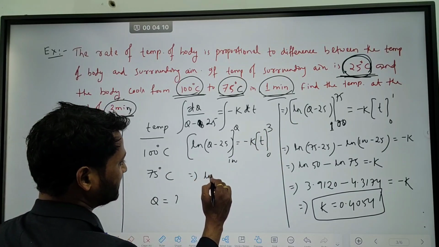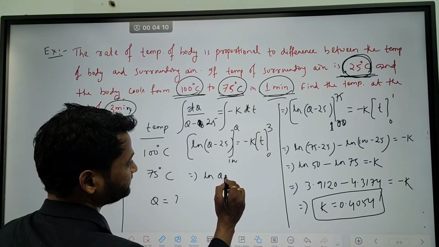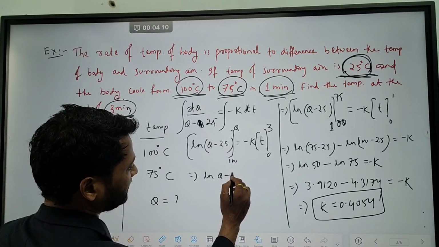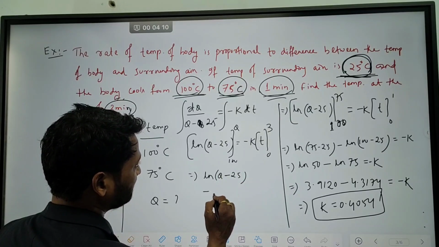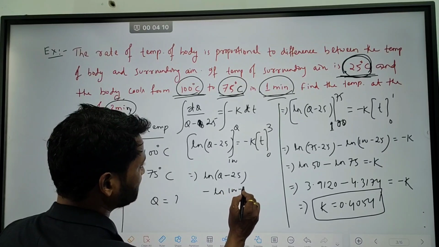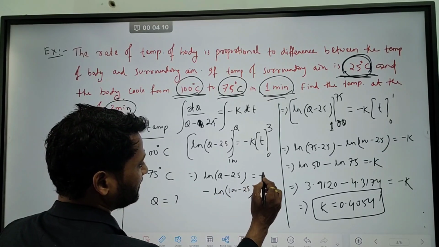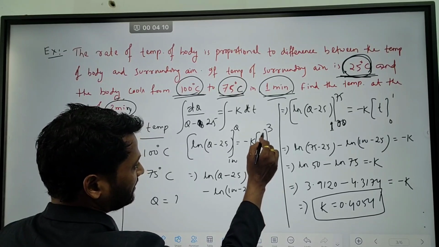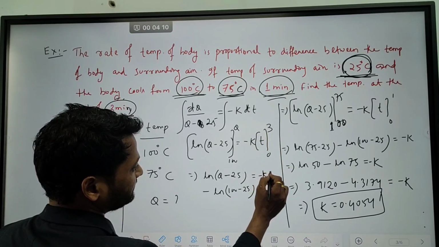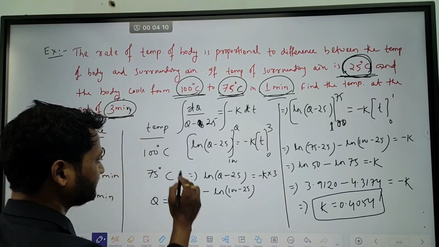So it is ln theta minus 25, minus ln 100 minus 25, will be equal to minus k times 3 minus 0 is 3, meaning minus 3k.